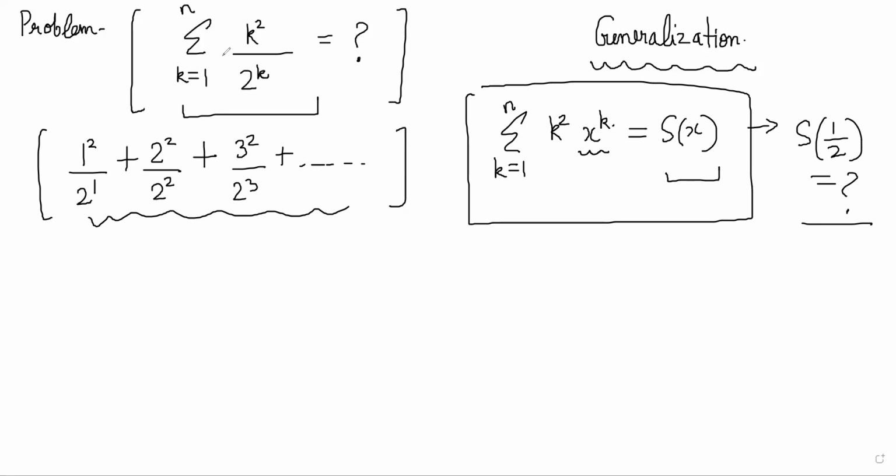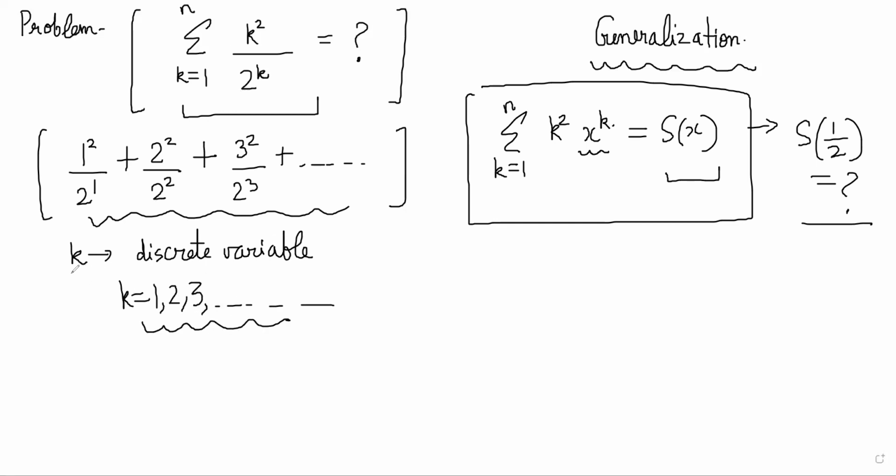If it was just k, then this variable k is a discrete variable. Discrete variable k goes from 1, 2, 3, and so on. So we cannot differentiate when k is a number or an integer. We can differentiate here because x is a continuous variable, right?